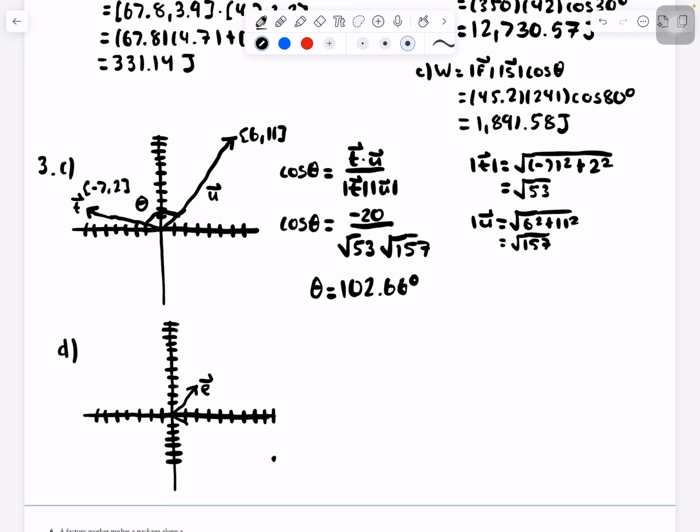So right here. These are not the best diagrams, I will say. So this is the angle theta we're looking for.